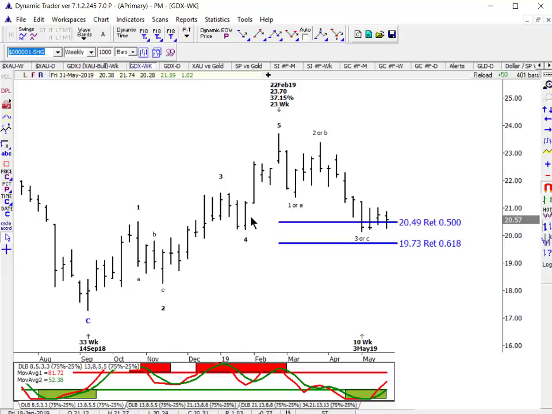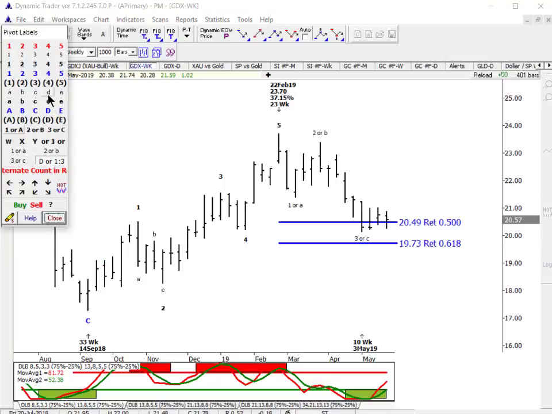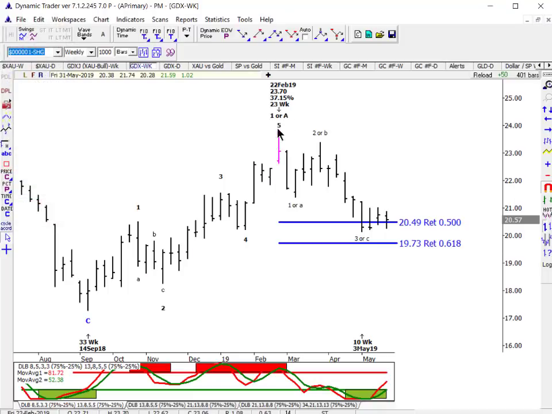Well, we can look at the data prior to that, and given that this was a 5-wave advance, that should not be the completion of a corrective rally. That should be a higher time frame wave 1 or A, since it's clearly 5 sections. So that itself would tell us that more than likely we're making a corrective decline.